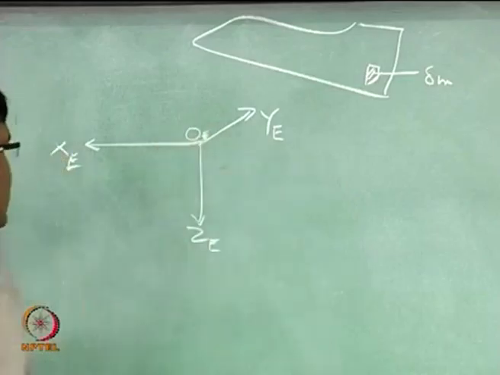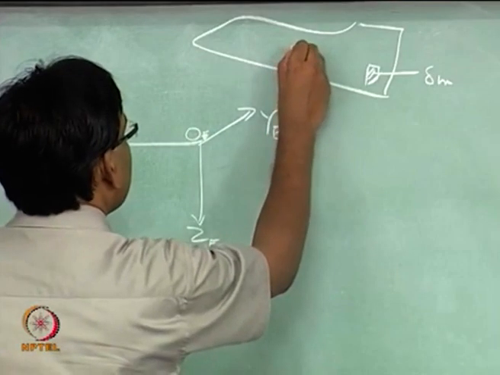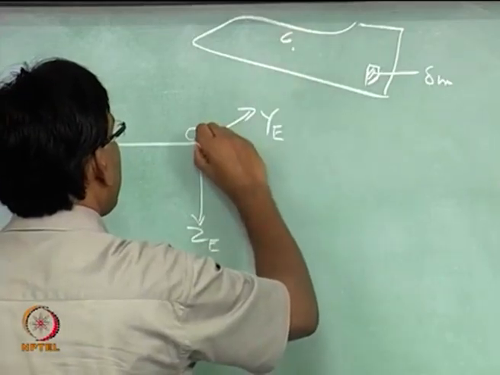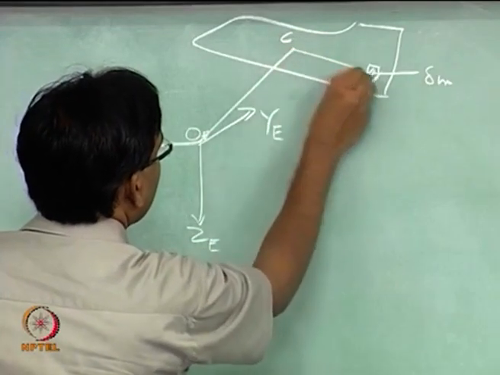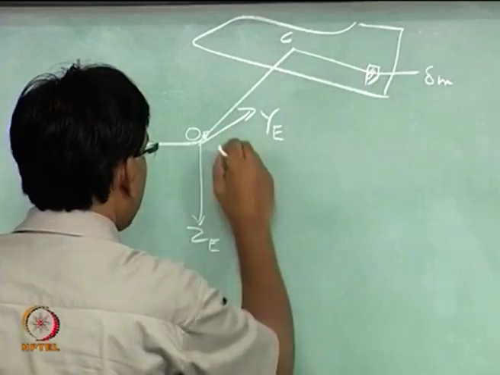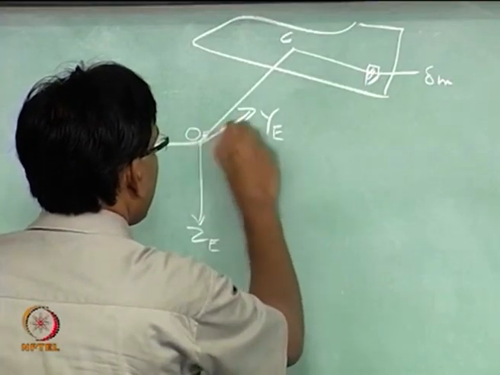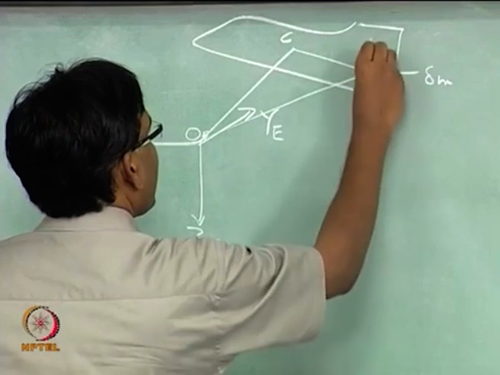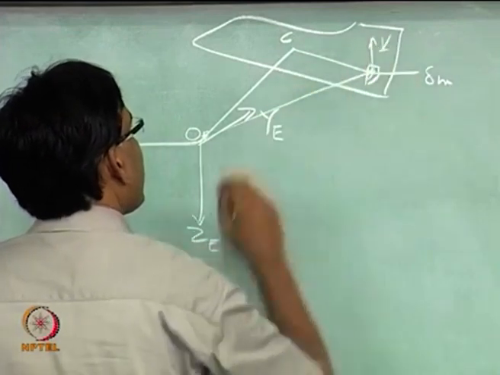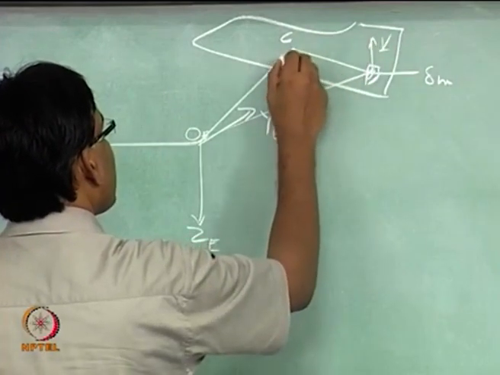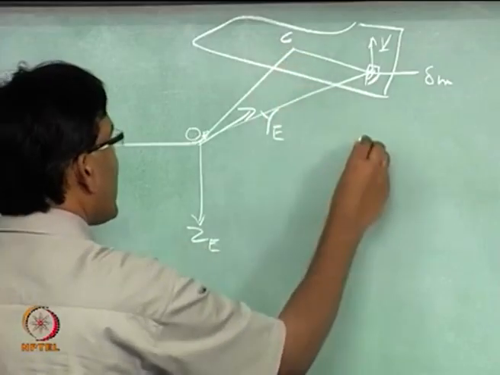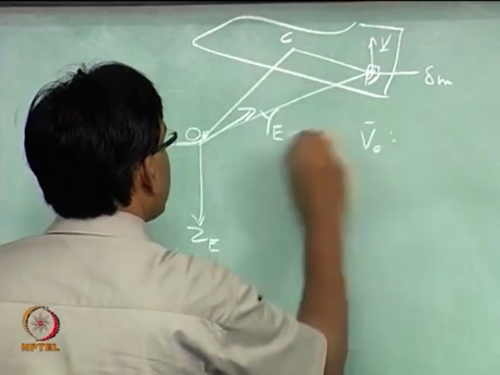Earth is our inertial frame of reference. This E subscript is for Earth. And this velocity of the center of mass is Vc.